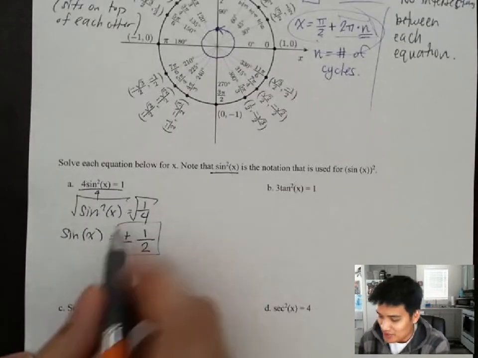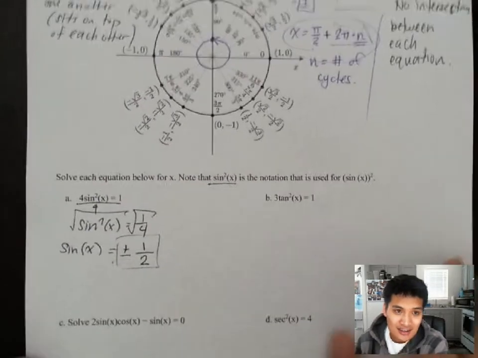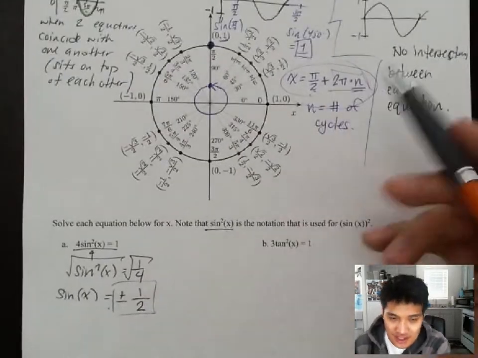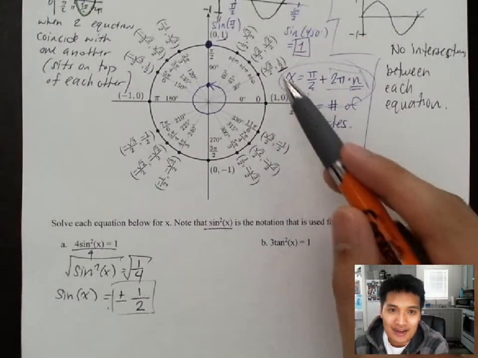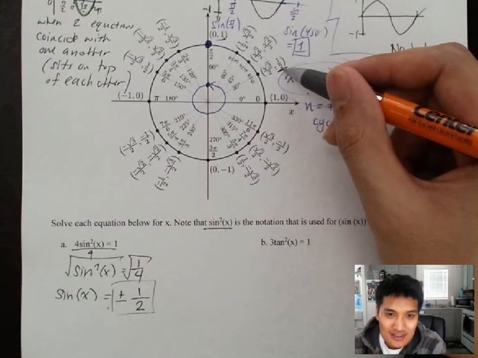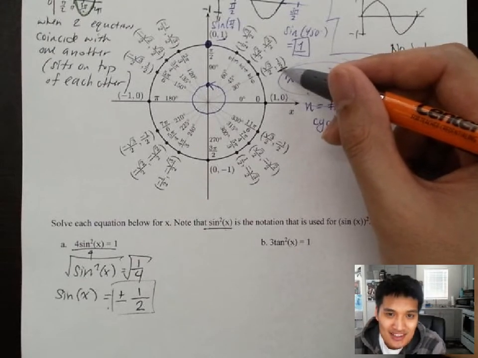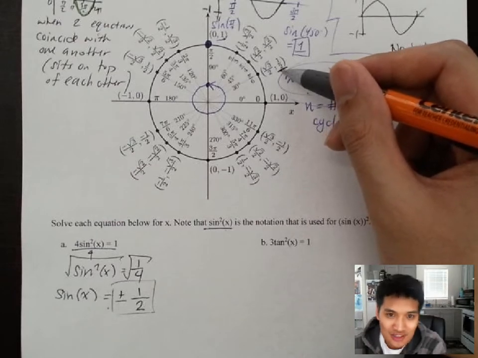Please recall that sine x is essentially the y coordinate on the unit circle. So we want to look at the y coordinates that have 1/2. And as you can see here, this is one of our solutions. 1/2 is the y coordinate, therefore this has to be a solution.